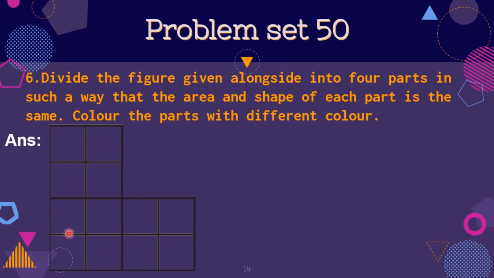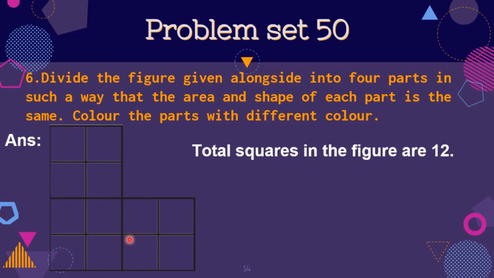If you count the number of squares in this figure, you will find that there are 12 squares in the given figure. Now, in order to get 4 equal parts of this figure, we should include 3 squares in each part.